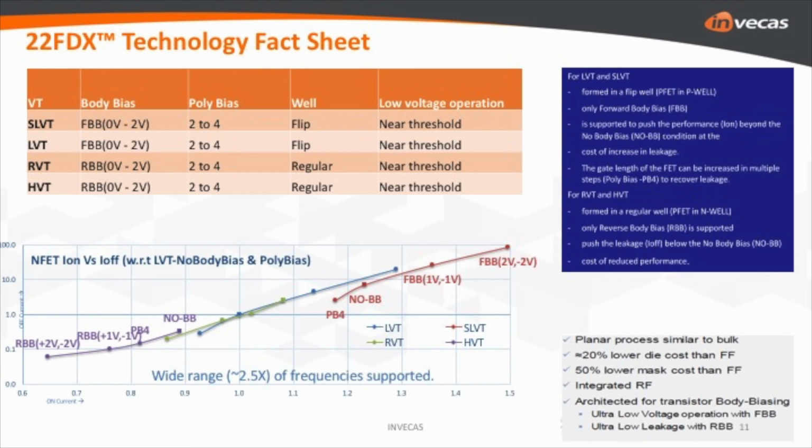This gives very robust design mechanisms, and the feature of the process itself can be exploited to make the devices work under a wide frequency range at various configurations. For example, by varying poly bias from 0 to 2 volts, 2 to 4 volts, and the forward body bias from 0 to 2 volts, we can get the low voltage operations near threshold in flip well and regular well, as mentioned in the table.